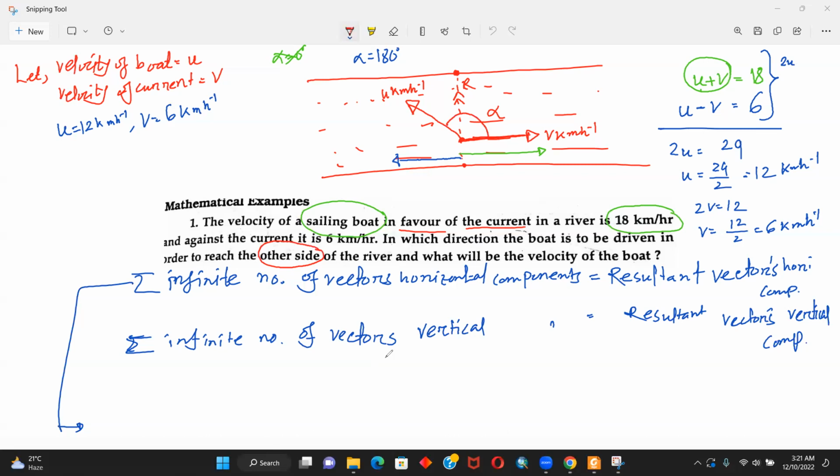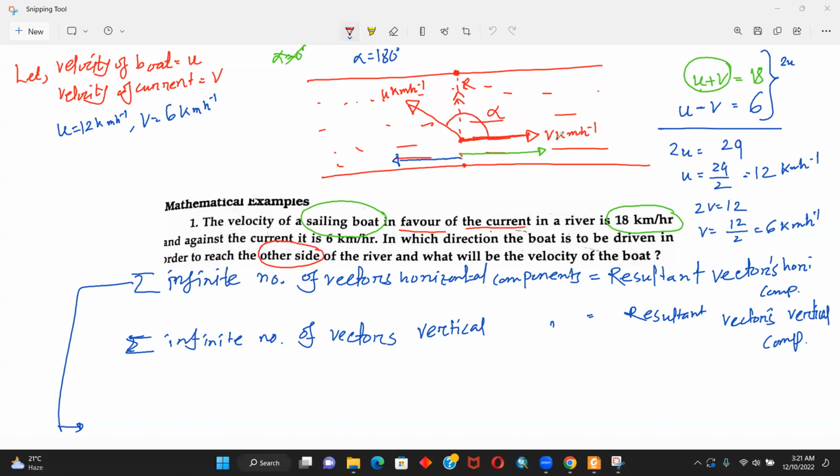Did you revise the class note of the previous day? What did I say? Cosine alpha, 6 cos.